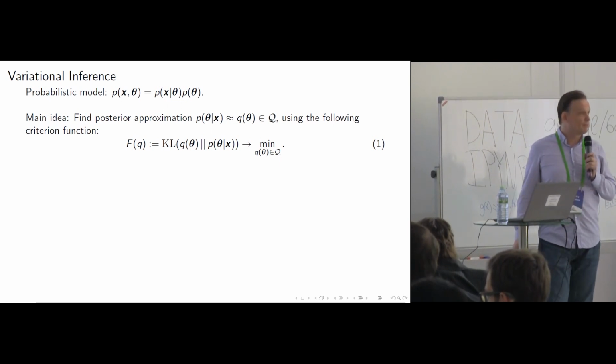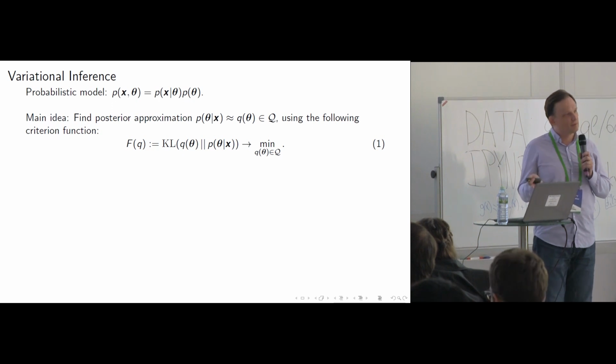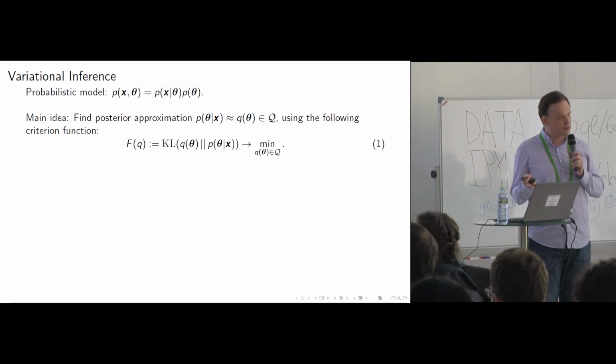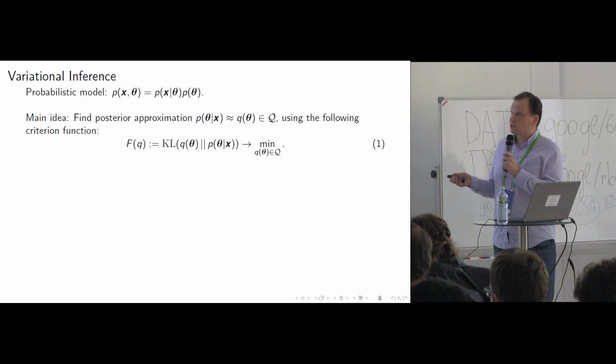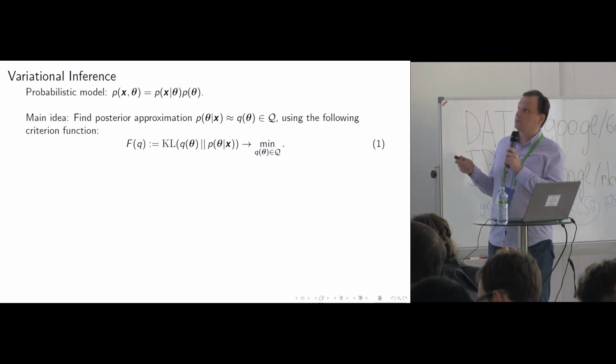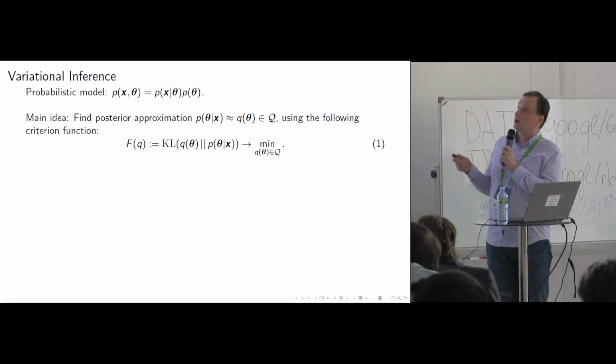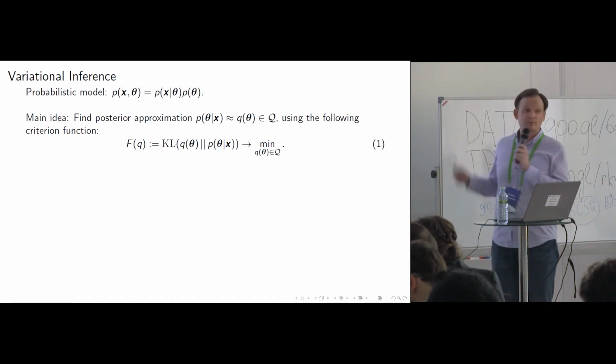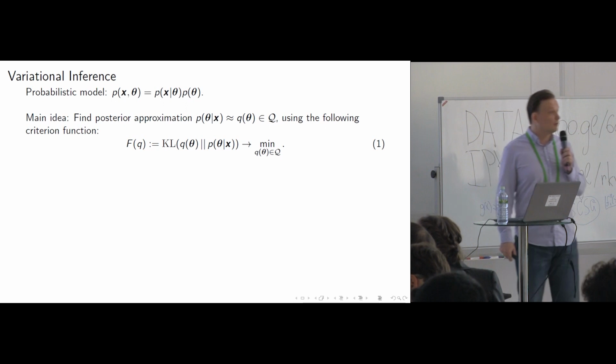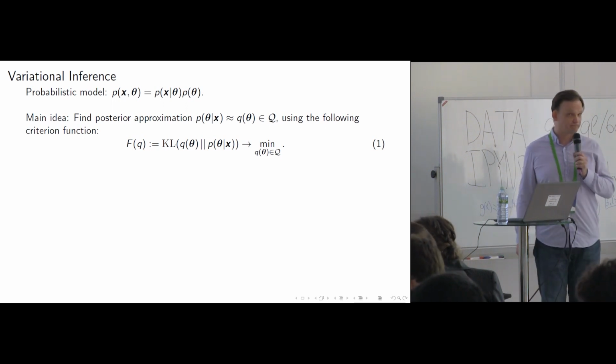As you know from yesterday's lecture, one reasonable way to introduce a dissimilarity measure between two probability distributions is the KL divergence. So we can consider the following problem: minimize the KL divergence between our approximator and the true posterior within our simplified family of probability distributions.